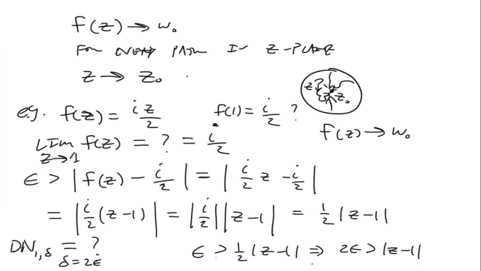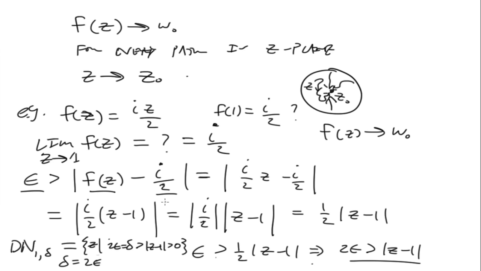So what I can do is then say that the set is going to be z where, according to this formula, 2 epsilon, which is equal to delta, is greater than the modulus of z minus 1. And I just have to set that greater than 0 to make it a deleted neighborhood. And that's my set that will always guarantee that the function is very near i over 2.